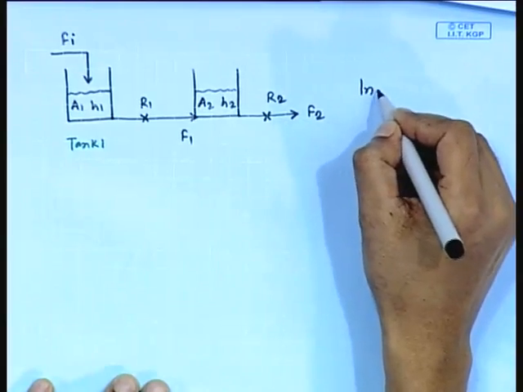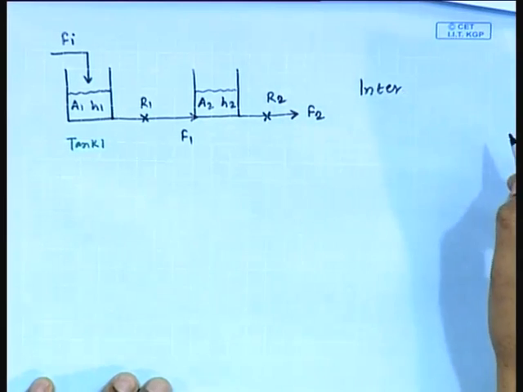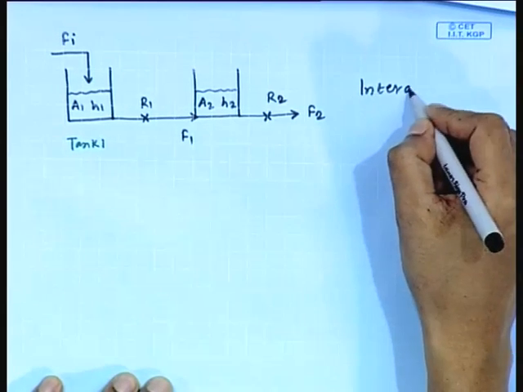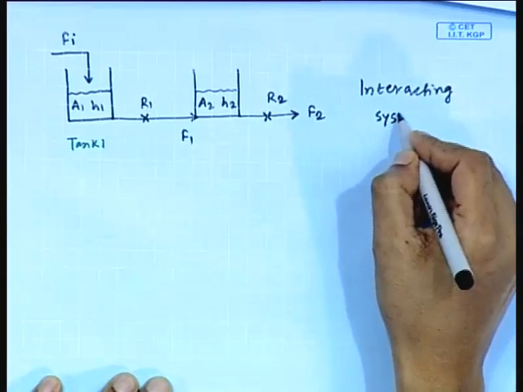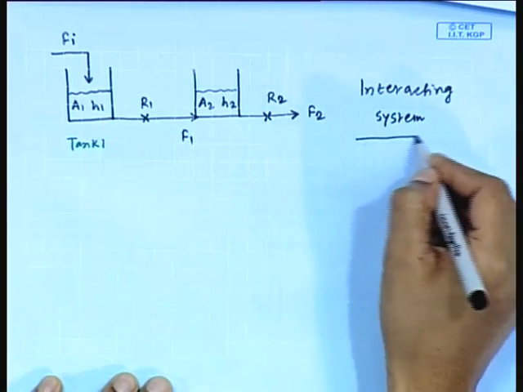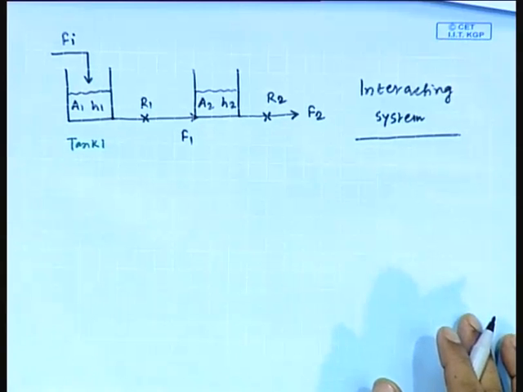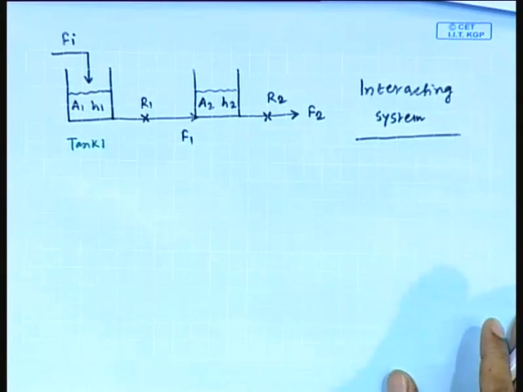So, for this type of systems we will use the term interacting system or interacting tanks. Fine. Now, we will try to derive the overall transfer function for the case of non-interacting tanks, and in the next we will consider the case of interacting tanks.